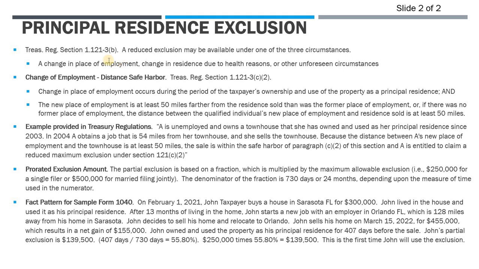We have either a change of employment, a change in residence due to health reasons, or some other unforeseen circumstance which forces us to sell our house and move somewhere else. And what we want to talk about in this video is the change of employment.